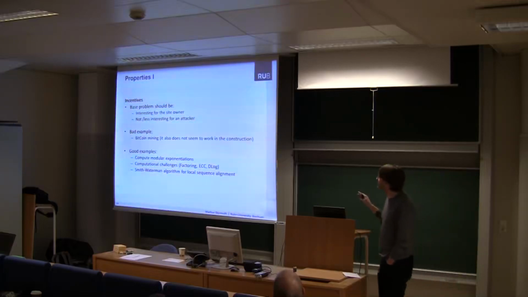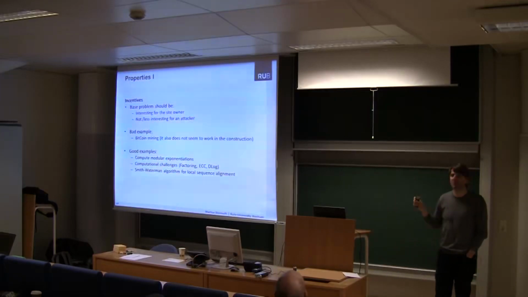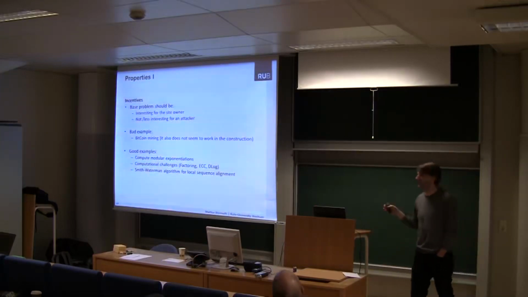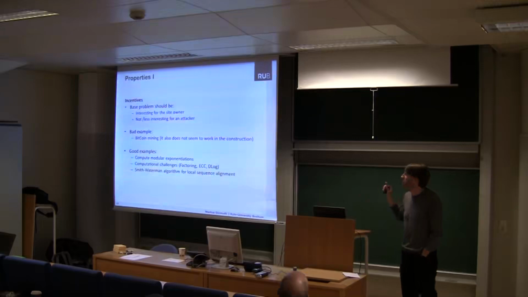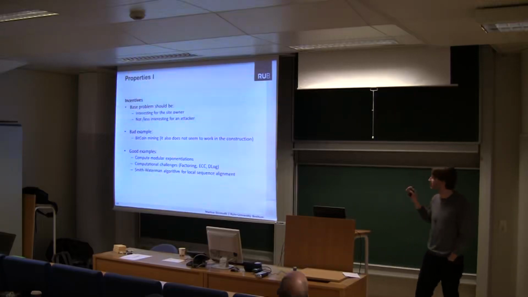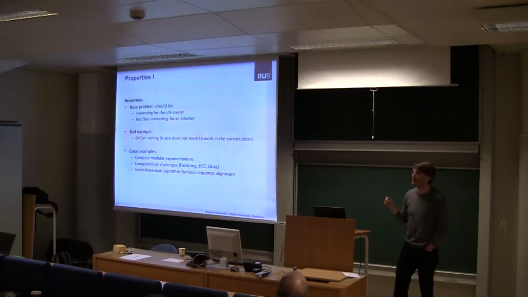What we can do is factoring large integers. There are constructions where you can massage the factoring algorithm into a password hash. We can do DLOG computations. We can even do, and we have a pretty much working implementation for, the Smith-Waterman local sequence DNA alignment, which is pretty cool.